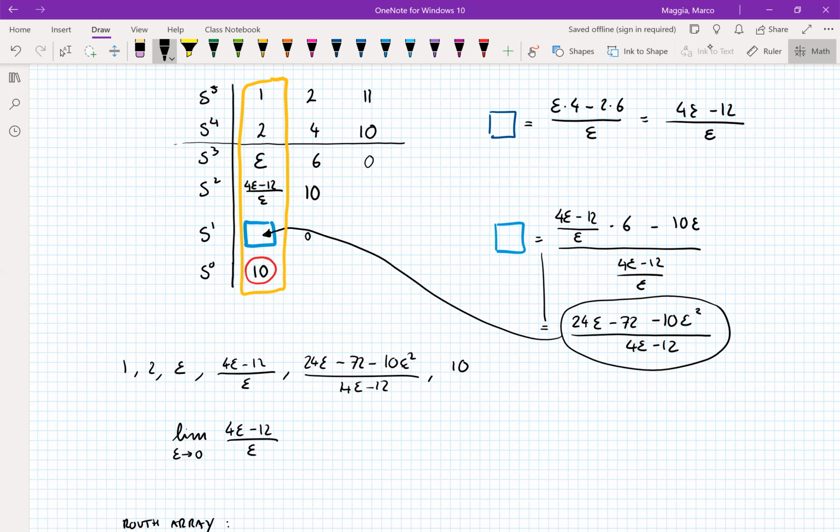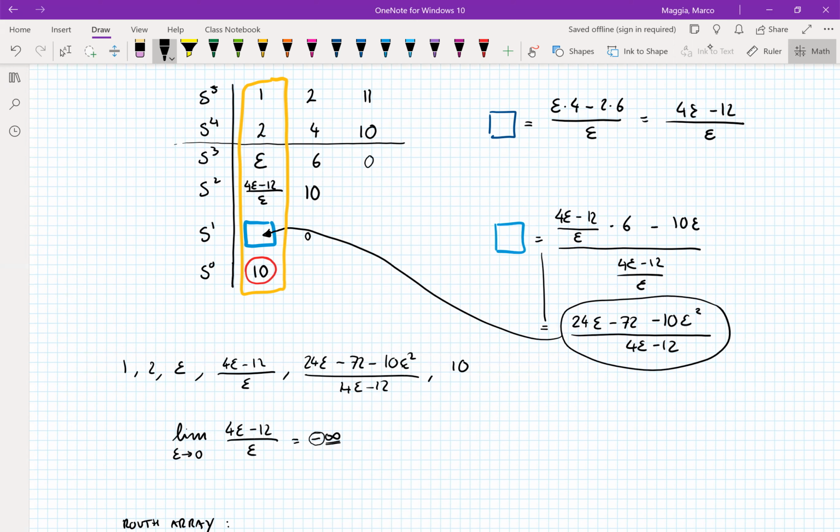So what is the limit of this coefficient? Well, this is simply minus infinity. So it doesn't really matter that we have infinity. All we need to know is that we have a minus sign. So we already have a sign change. So we know that the system is going to be unstable.